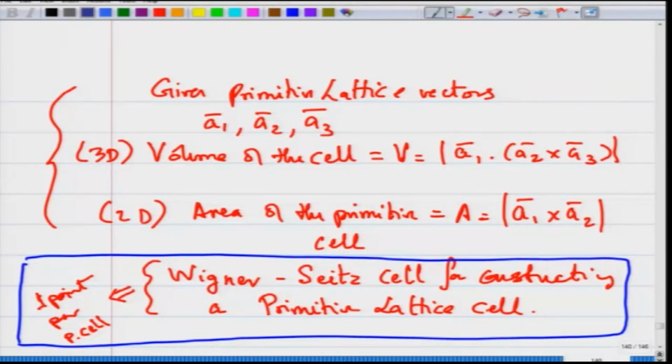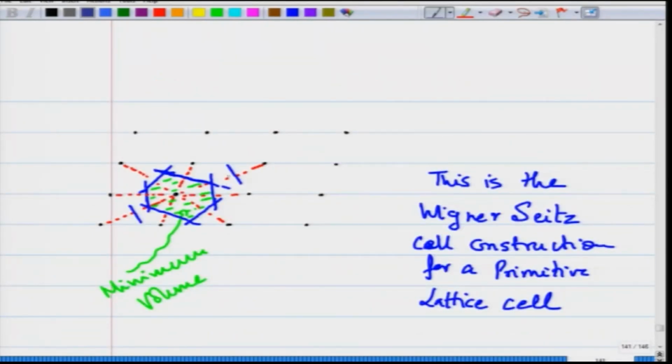And furthermore, we had found that there is one way of actually constructing a primitive cell. Given any lattice, you can actually construct the Wigner-Seitz cell, where we had seen how to construct it, that you join a line to the nearest neighbors, find the midpoint, draw perpendiculars, and then the intersection of the perpendiculars encloses an area which is closest to this point.